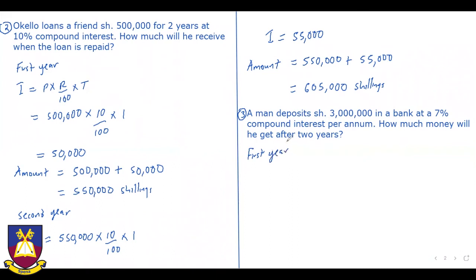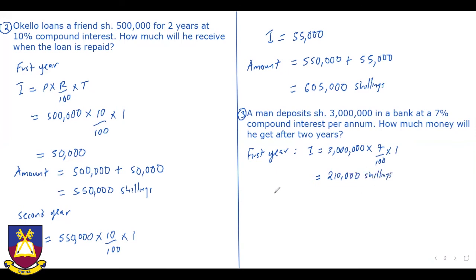In the first year, we shall get the interest. Interest is equal to the principal, 3 million, times the rate, 7 out of 100, time is 1. This gives us an interest of 210,000 shillings.